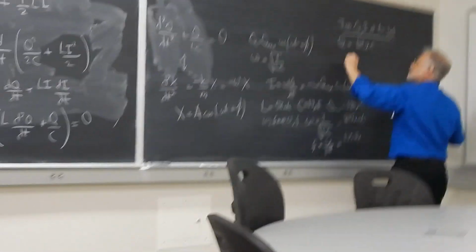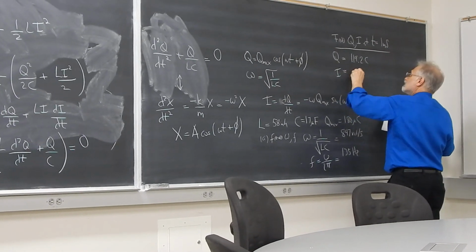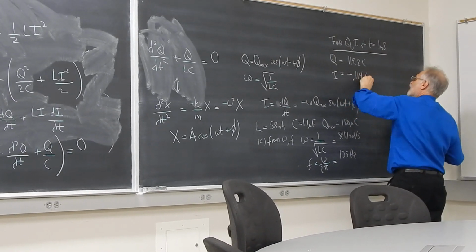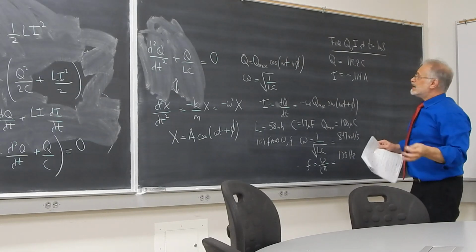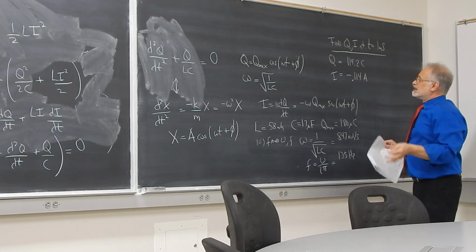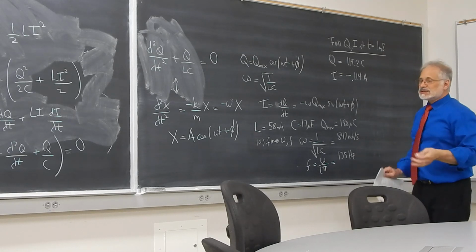My current in the circuit is going to be equal to minus 0.114 amps. And so that's a nice simple example of how LC circuits work.